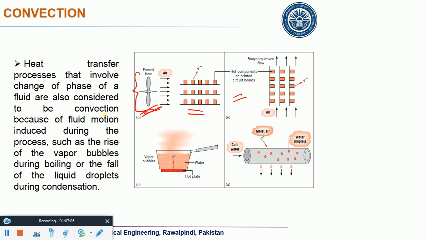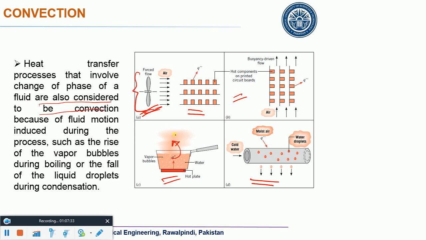Okay, so heat transfer processes that involve change of phase of a fluid are also considered to be convection. Your question, boiling. You see, this is convection, and this is convection due to what? This is kind of a diffusion as well, right? In this case, water vapors are going into the air molecules.